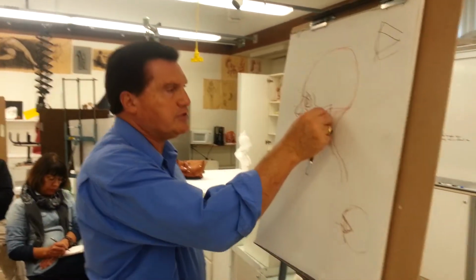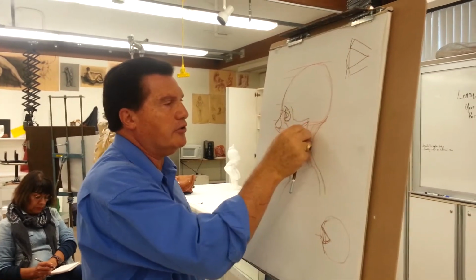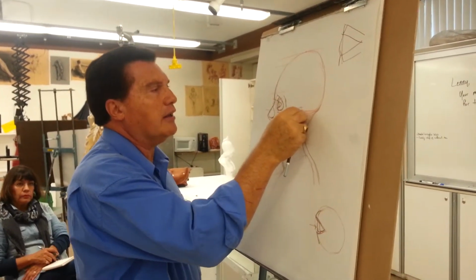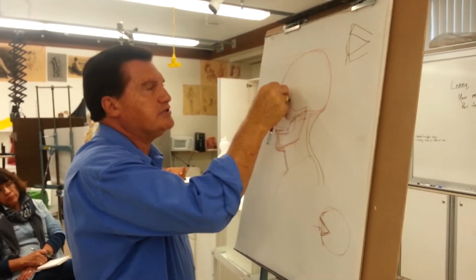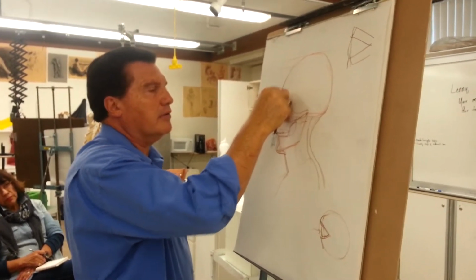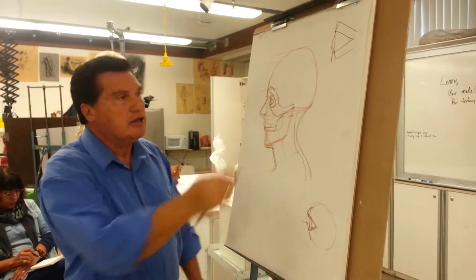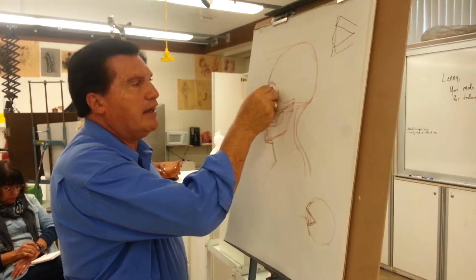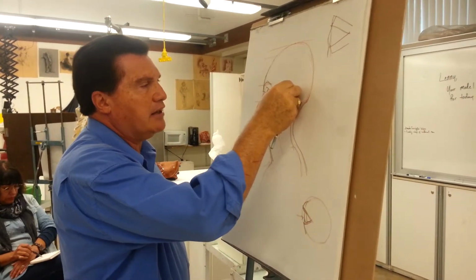And the ear, of course, will start here and it will end underneath the nose, which is here. Okay? And it comes at an angle. The eyelashes are up here. So this is where the midpoint is. Okay? So the ear then will end just slightly below that so that it comes at an angle.